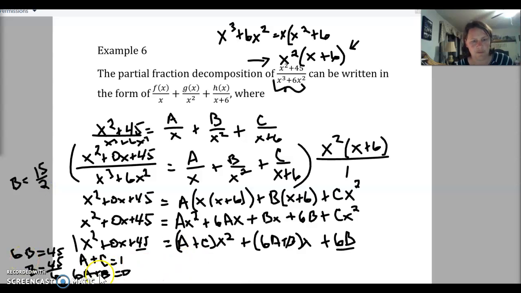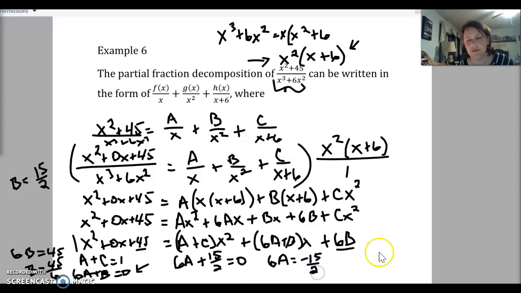And then if B is equal to 15 over 2, then we can come back down to this equation here and plug in our B. So now we have 6A plus 15 over 2 equals 0. So subtract 15 over 2 from both sides. We get 6A is equal to negative 15 over 2.